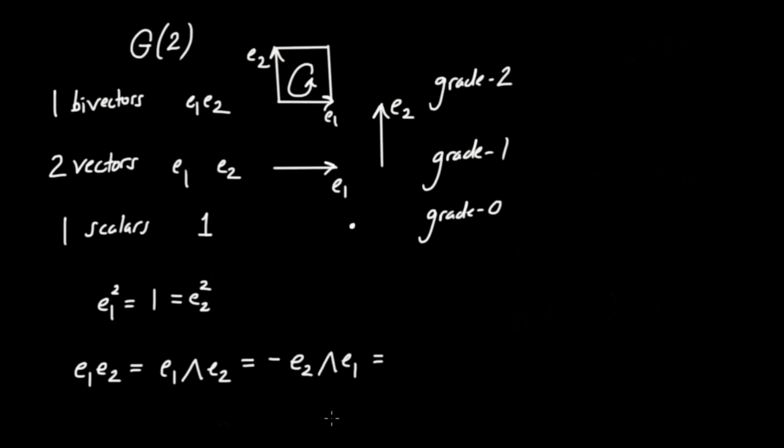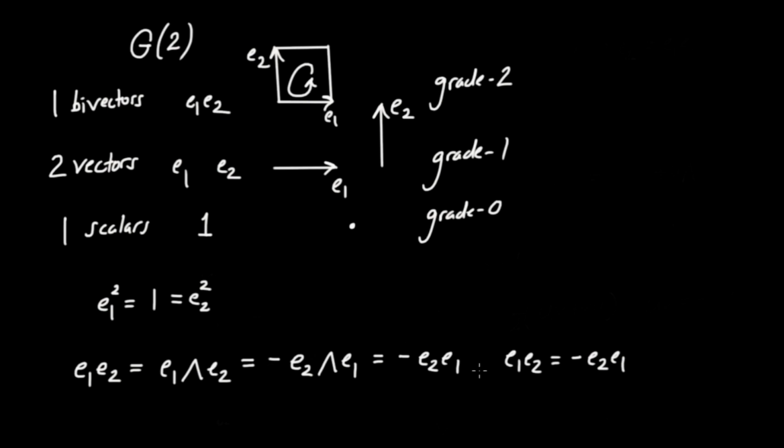Just as the wedge product is equal to the geometric product here, this wedge product is equal to the geometric product e2 e1. To summarize, we have that e1 e2 is equal to minus e2 e1. So when you switch the order of two vectors with different numbers, you've got to stick in a minus sign.